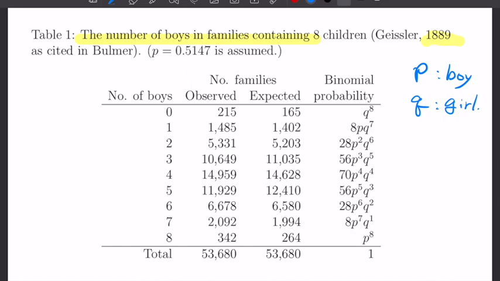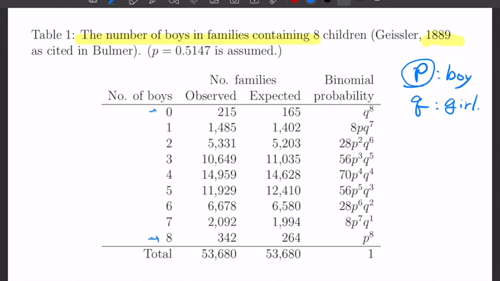Okay, so number of boys can vary from 0 to 8. Okay, 0 means out of 8 children, all are girls. And 8 means out of 8 children, all are boys. Okay, by appropriately choosing the value of P, we can actually predict the distribution.